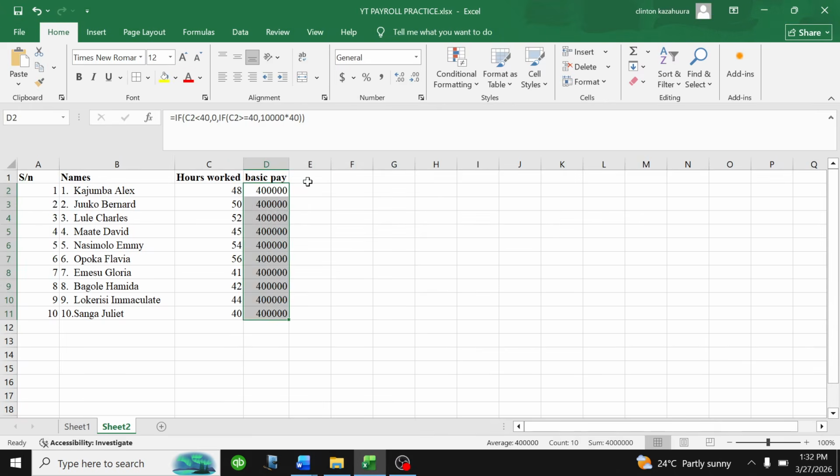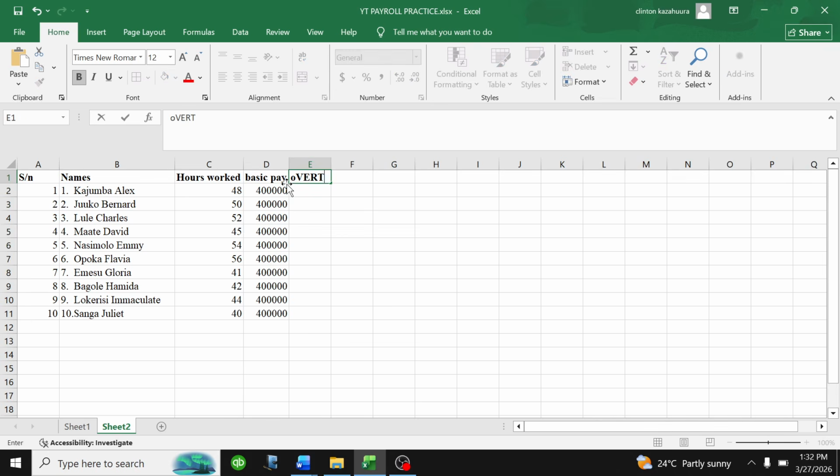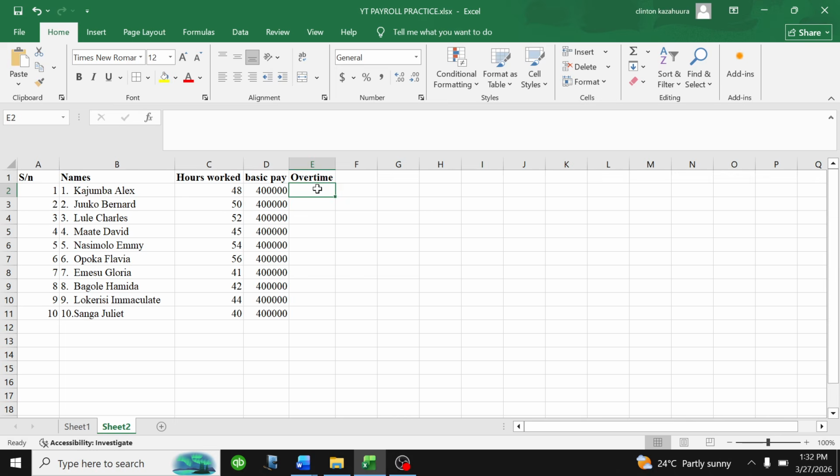So this is how I'm going to enter this. Our first bonus will be for overtime. For their scheme, they're telling us that if you have worked for more than 40 hours, the first 3 hours they are going to award at a rate of 10,000. So for my overtime formula I'll create a condition which will satisfy what they are telling us.